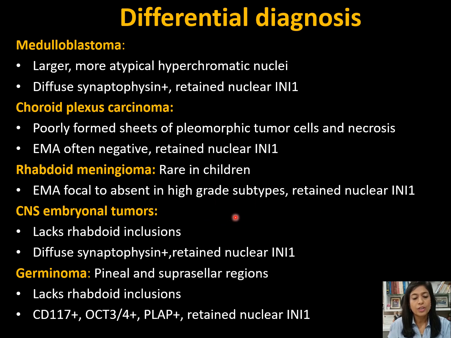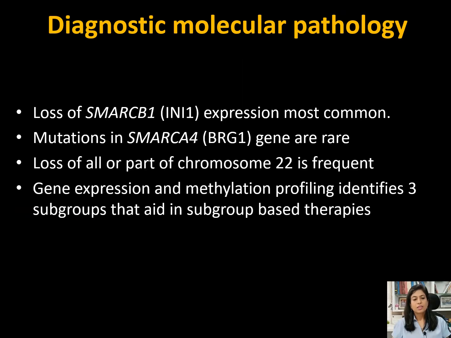Germinomas are often located in the pineal and the suprasellar regions, and these lack rhabdoid inclusions. These are typically positive for the germ cell markers such as c-KIT, OCT3/4, PLAP, and INI1 is again retained in the germ cell tumors.